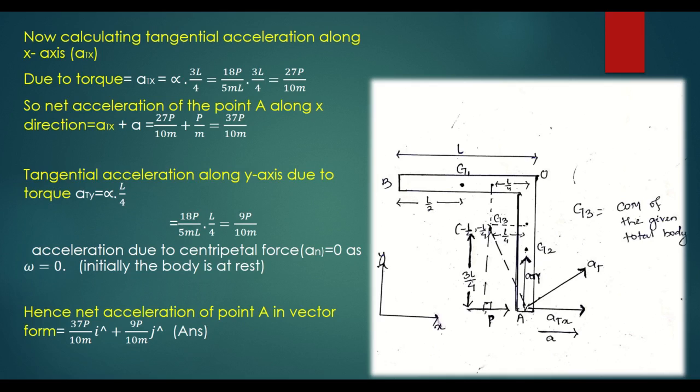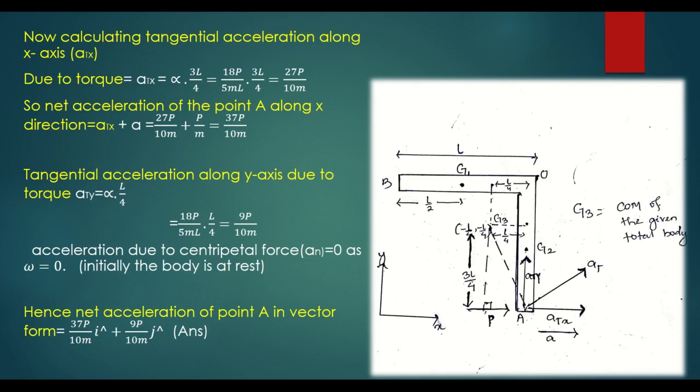So the net acceleration of point A along the x-axis is equal to atx plus the acceleration due to the center of mass, which is 27P by 10m plus P by m, equal to 37P by 10m. Similarly, the acceleration along the y-axis at point A is the vertical component of tangential acceleration and is only due to the torque.